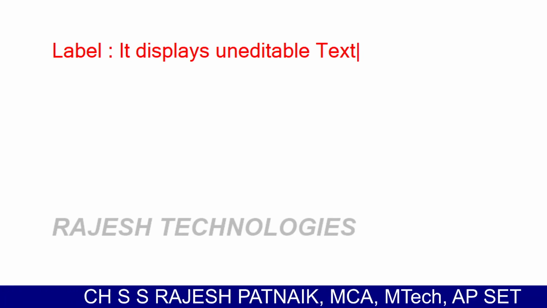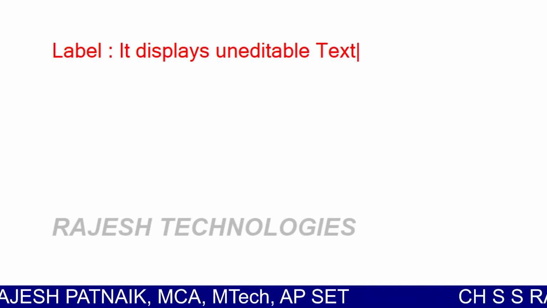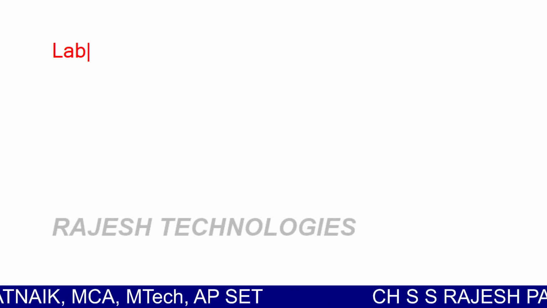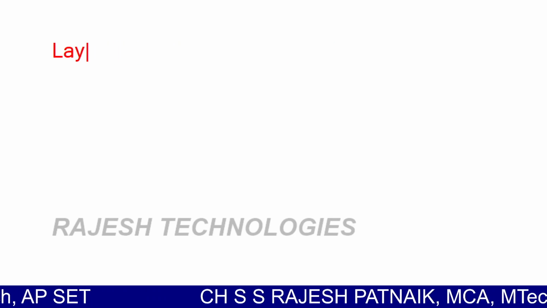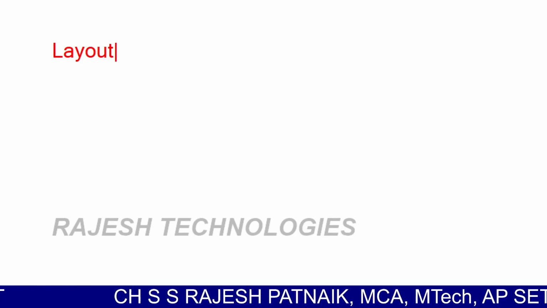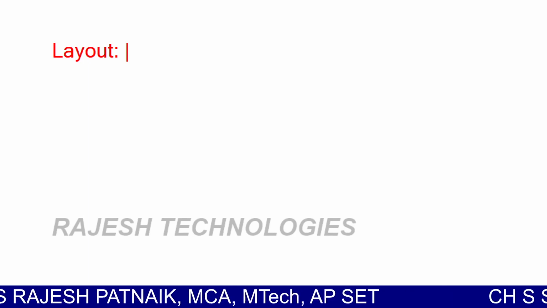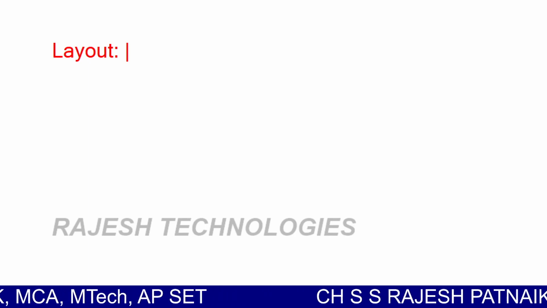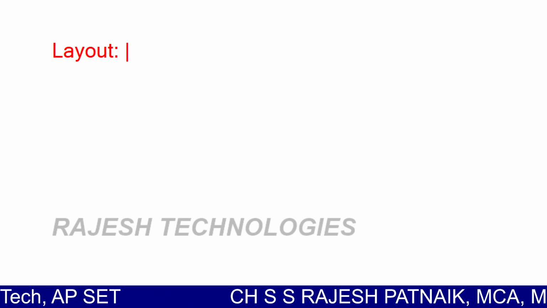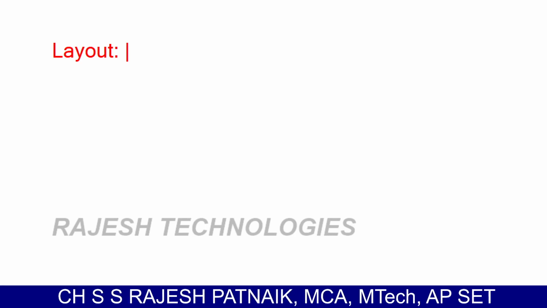So let us go and understand how to create a label object. A very important thing is the layouts in Python. Whenever we talk about layouts, what is a layout? I will explain the layout in detail. There are different types of layouts. Layout is a design, a pattern of design.